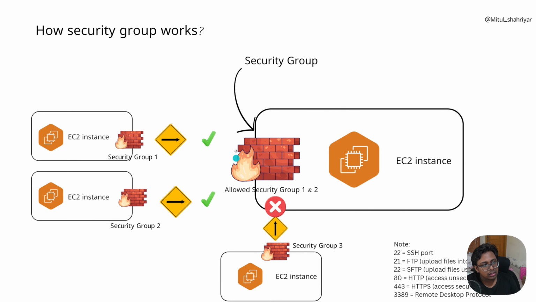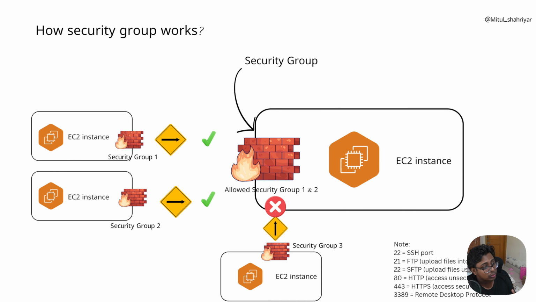This is a security group, and there is an EC2 instance. In the security group, rather than specifying only the source or the IP, you can also do one interesting thing: you can specify which other security group can access this security group.